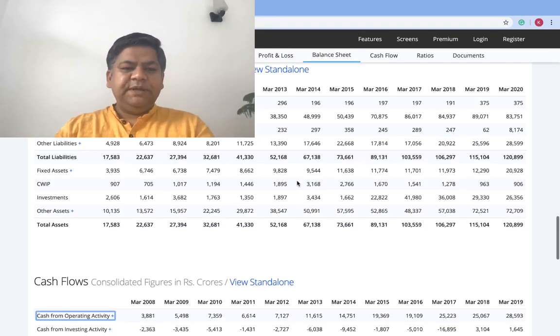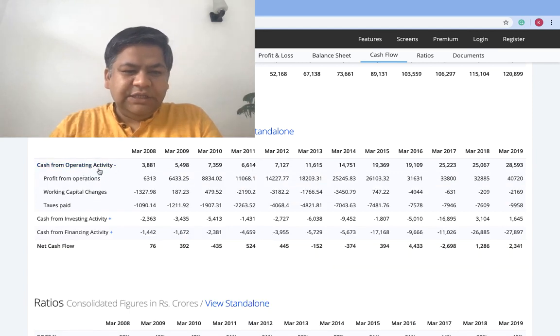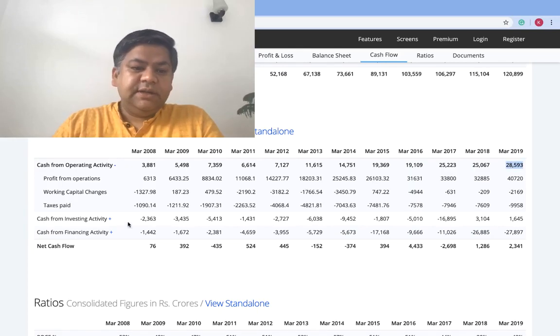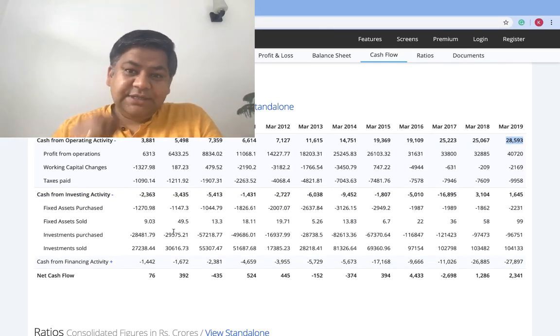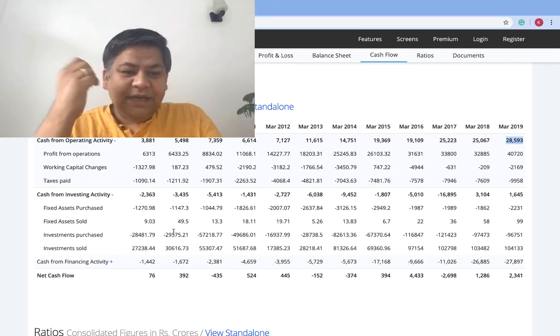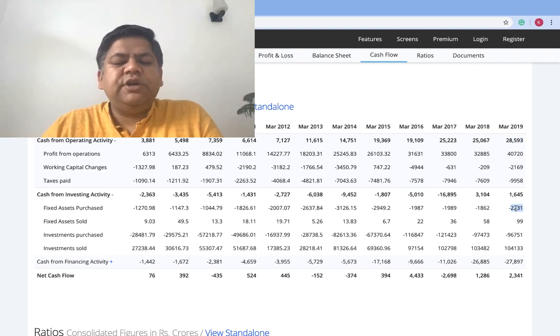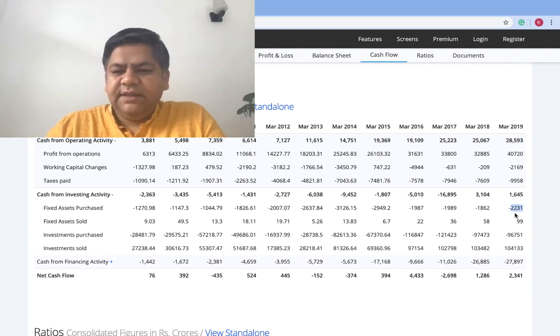Let's say I have opened TCS. What you can see is that cash flow from operating activity is positive and growing. TCS has not much to invest, honestly speaking. I mean, 2000 crore is a very small sum for a company like TCS. They have purchased more assets, it's fine.